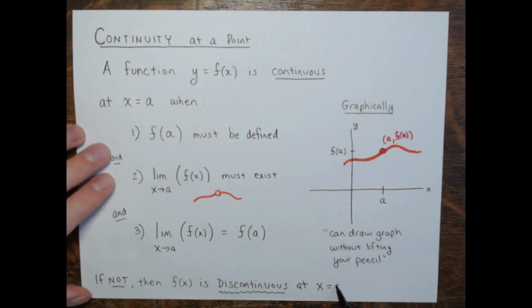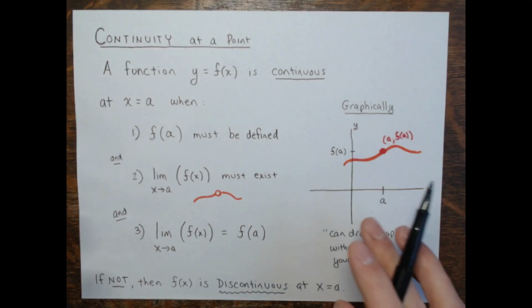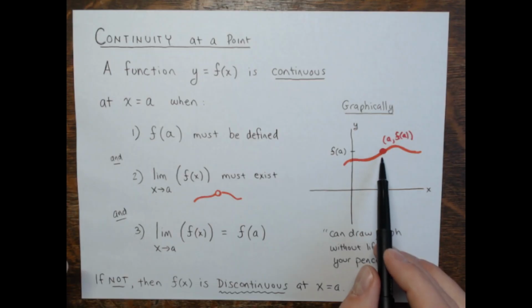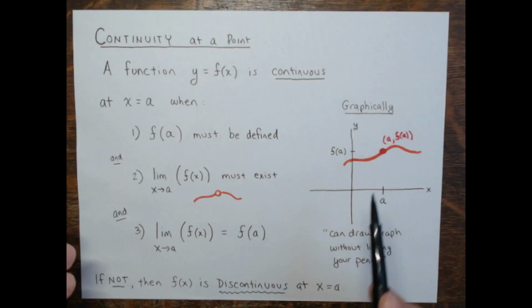Later in the video, there will be objectives on discontinuities: where are there breaks or holes or jumps in the graph? But when you are continuous, there's no break, there's no hole, there's no jump. It's one connected piece.